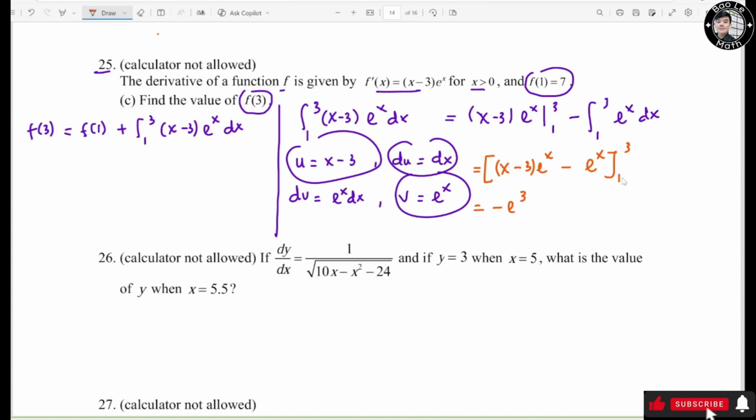Substitute 1 for s, I get negative 2e, subtract e. So it's going to be negative e cubed, this one turns out to be negative 3e, and the negative becomes positive 3e. So finally, f of 3 equals f of 1, which is 7, plus 3e minus e cubed. This one is the final answer.